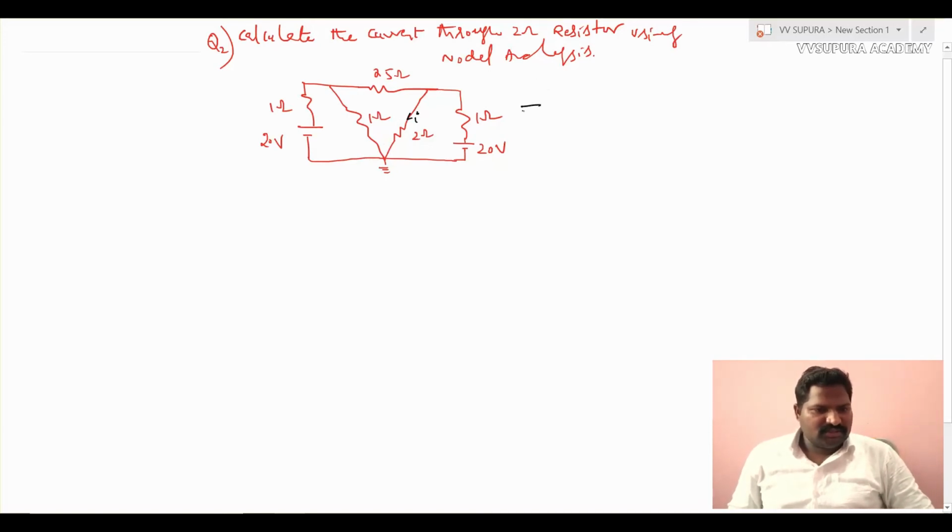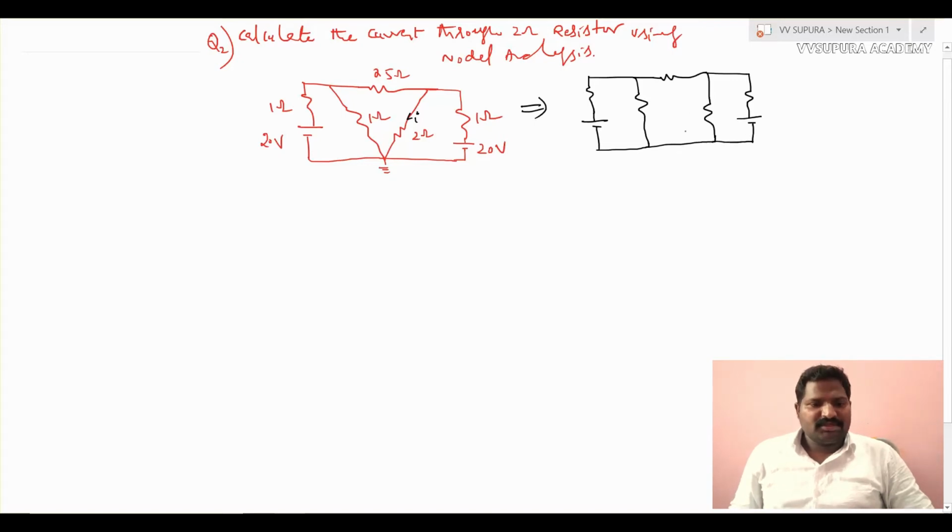So I can replace this network in a simpler manner, for our identification purpose. We can represent this network in this way also, right?